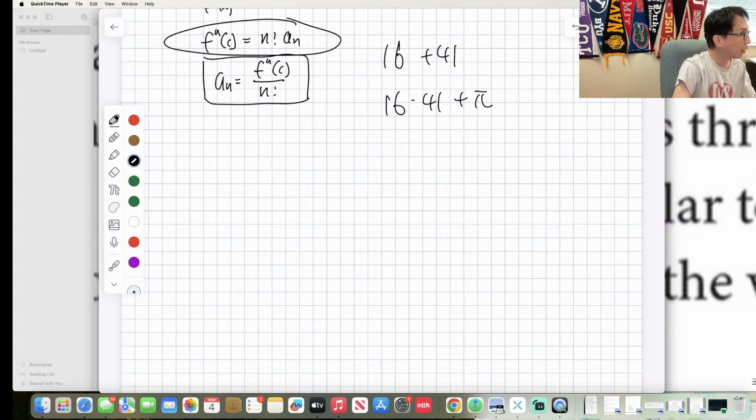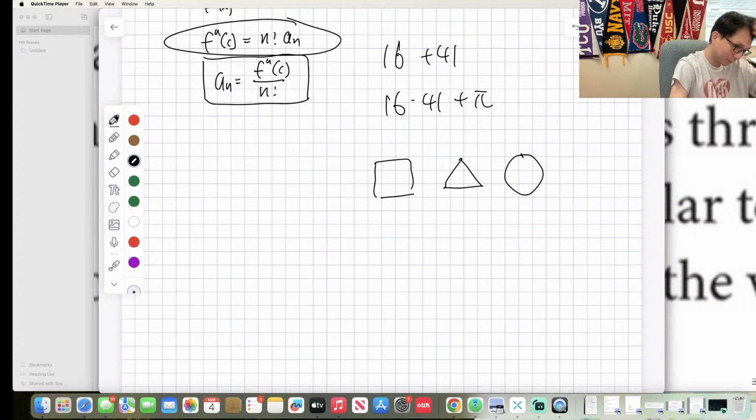Say that again. Okay, so you've got a square, a triangle and a circle. I don't remember the numbers exactly for the rectangle. I think one side was 35 and the other was like 20 something. The base of the triangle is 16. The diameter of the circle is 1/4 the base of the rectangle.